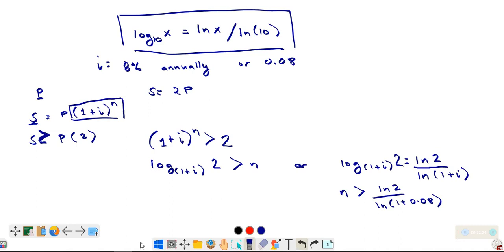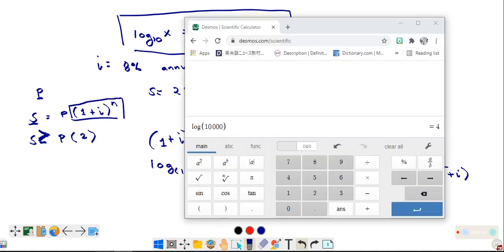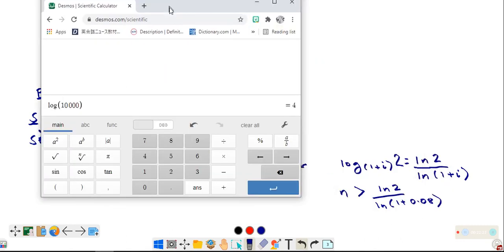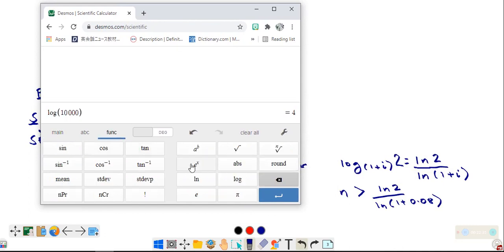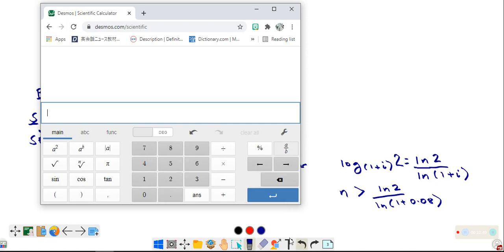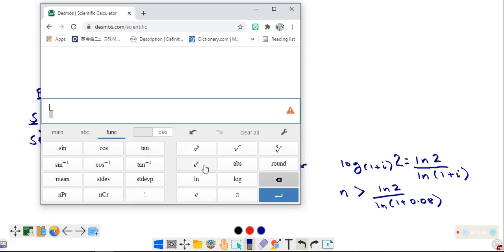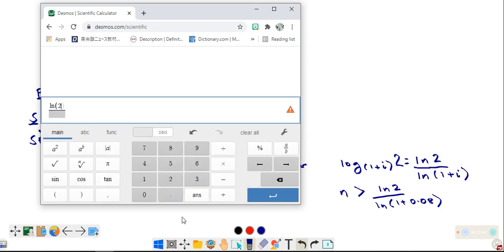Compute natin siya. So, here we have, clear all muna natin. Lagay tayo ng fraction. Ayan. So, sa numerator, lagay natin si ln 2. Undefined pa siya, wala pa kasi tayong denominator.